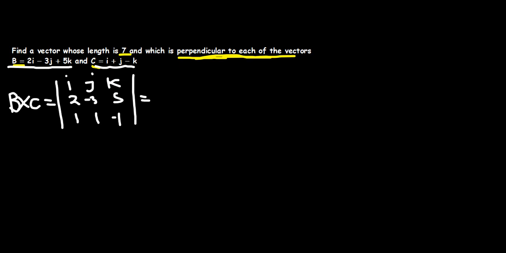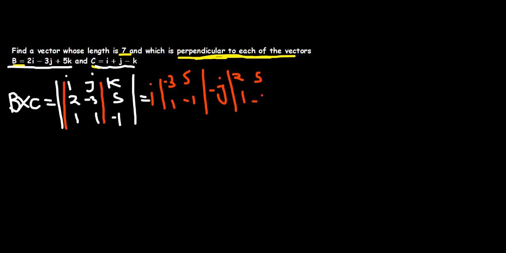For the first one, we are cancelling the first column and the first row. So we are going to say i, and in the brackets we are going to remain with minus 3, 1, 5, and then minus 1. Then we are going to say minus j. If we cancel out the second column and the first row, we're going to remain with 2, 1, 5, and then minus 1.